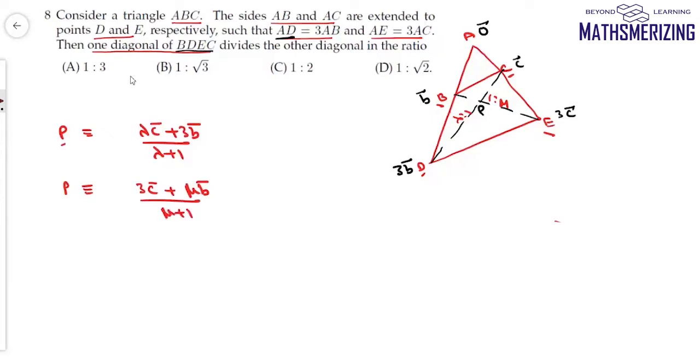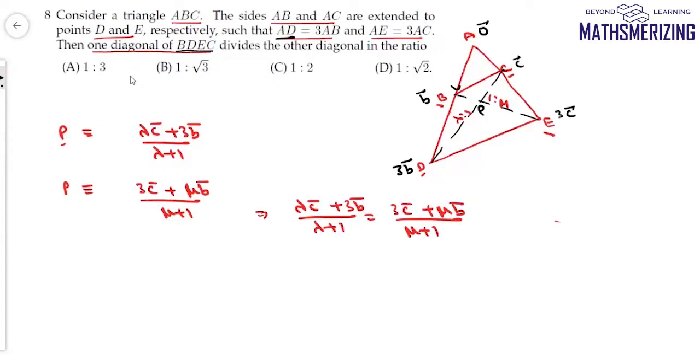Now this point P, it's the same point, right? So from here, I'll write this condition, which is lambda C plus 3B upon lambda plus 1 must be equal to 3C plus mu B upon mu plus 1.